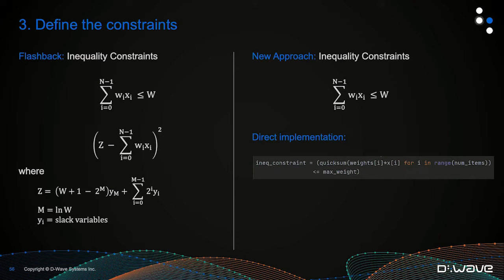However, we also need to introduce slack variables, which are represented by that expression for Z. So in addition to the binary variables that we have for each package, we also need to introduce log W slack variables to make sure that the inequality constraint works out. So I didn't even bother expanding that. It's just a little too complicated, but I think you understand that it's a bit of a pain to expand out the inequality constraints and add that to a model.